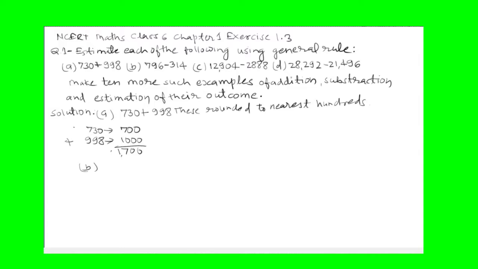Part B, 796 minus 314. These are rounded to the nearest 100.